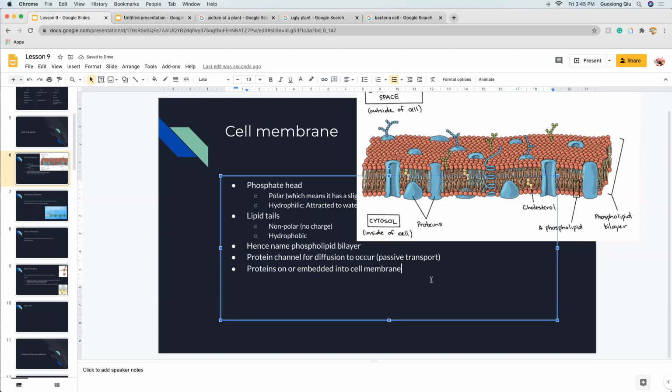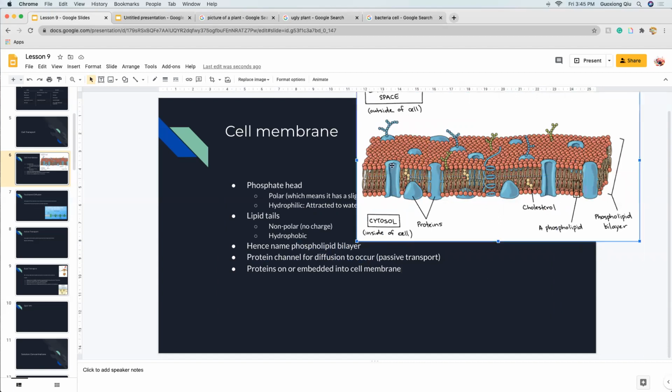In the cell membrane, there's also a protein channel, which is these tubes. The protein channel is where diffusion occurs. So stuff that needs to go in and out of the cell goes through these protein channels through passive transport. There are also proteins that are on the membrane or embedded into the membrane, like these things. I think I explain what they do later. Pretty sure I do.